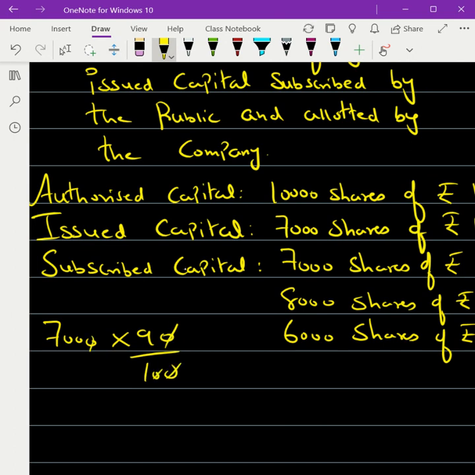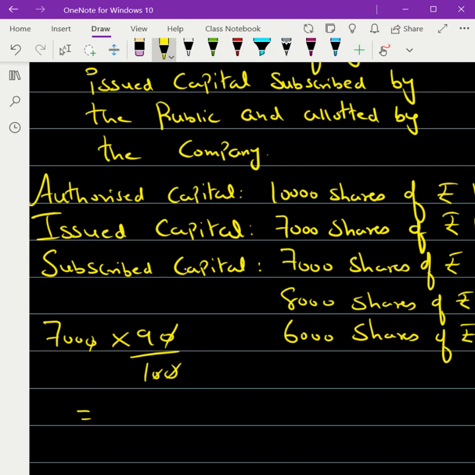Cancel the common zeros. You get 700 into 9. That will give you, 9 sevens are how much? 54, right? Sorry, 63, right? How much is 9 sevens? 63. Am I right?